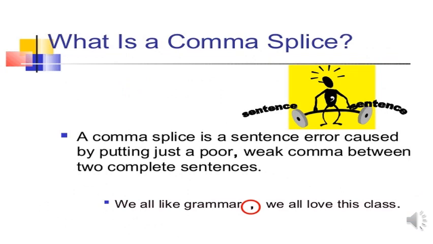What's meant by a comma splice? A comma splice is a sentence error caused by putting just a poor, weak comma between two complete sentences. Example: we all like grammar, comma, we all love this class. There is a weak comma here between the two complete sentences, and this is called a comma splice.